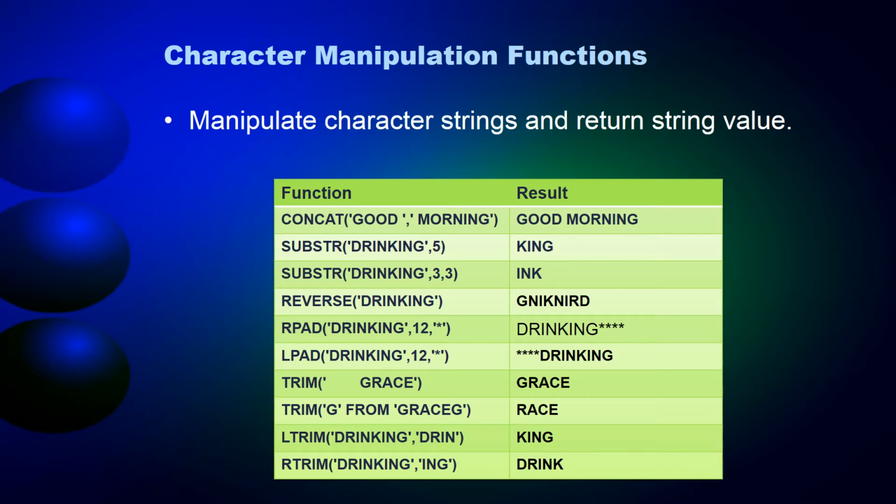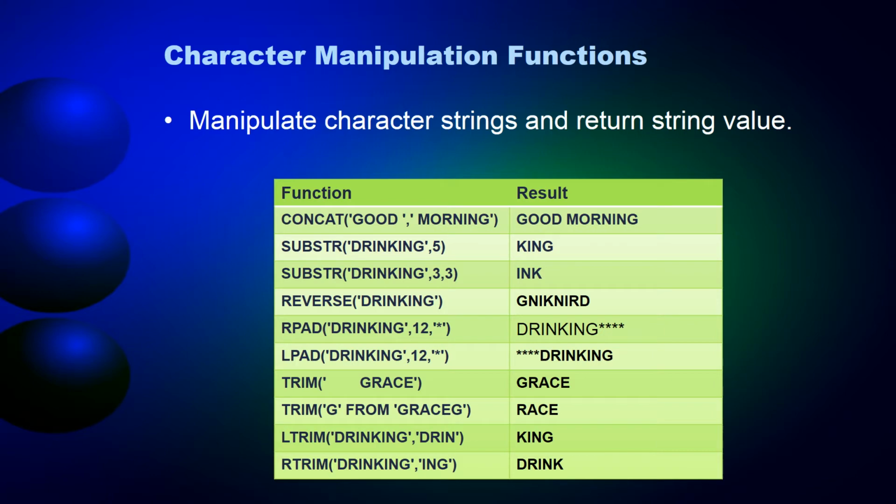Next is the trim function. The trim function is used to trim the spaces in the string, that is the spaces before the string and after the string. So here you can see trim of grace. Before the grace we have some spaces. This function will remove those spaces and return the value.